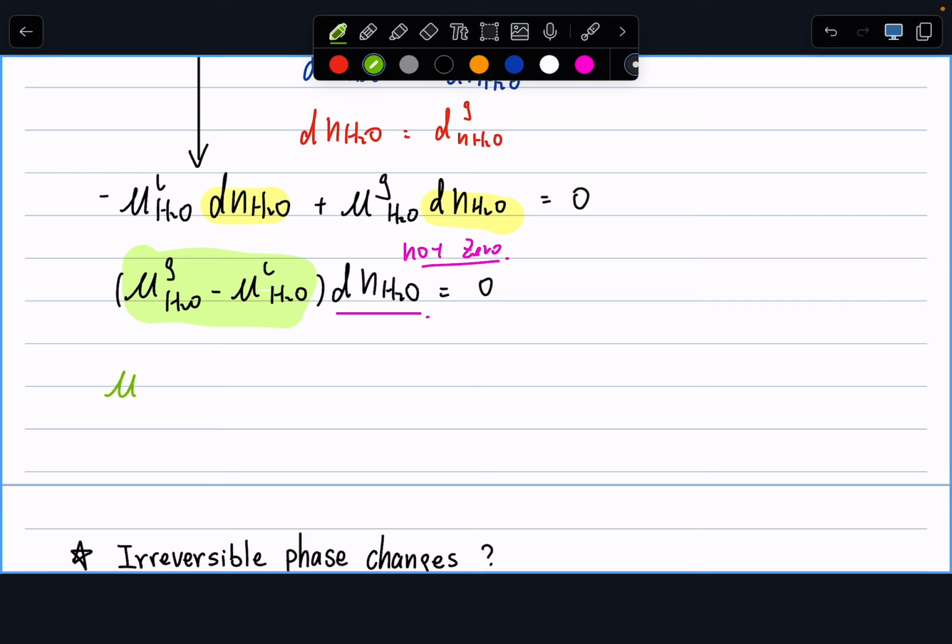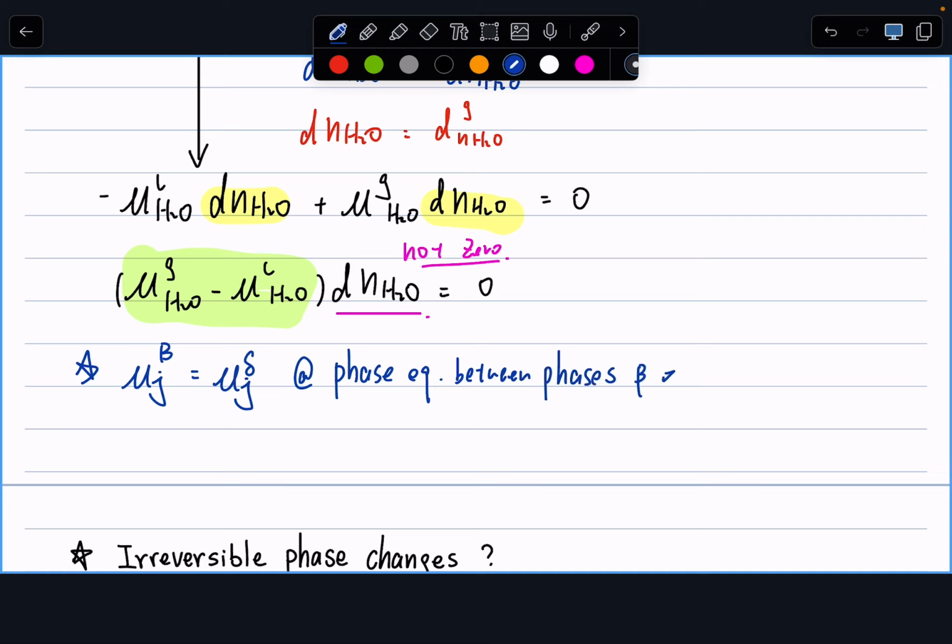If we generalize our conclusion, we can write that mu J for any substance J in phase beta equals mu J in phase delta at phase equilibrium between phases beta and delta.